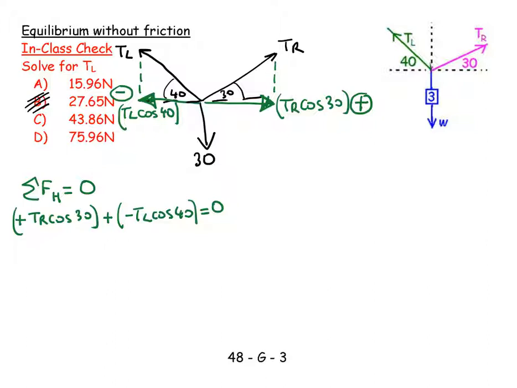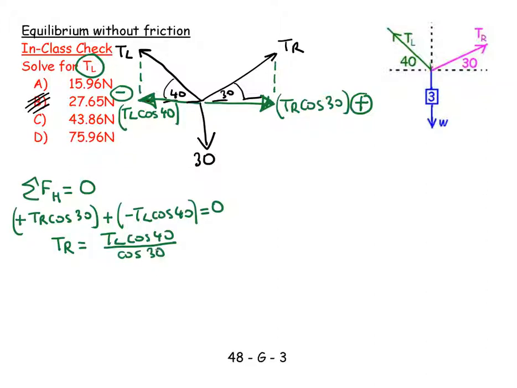Let's rearrange that a little bit. Eventually I want to find T left, and the trick you learn is that you isolate the thing you don't want in the first equation. So I'm going to say TR is equal to, take this to the other side, TL cosine 40 over cosine 30.